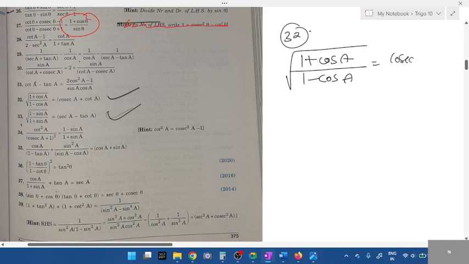You need cosec A plus cot A. Just copy this question, students. All of you will just copy both the questions, 32 and 33. First copy the question, 32 and 33.